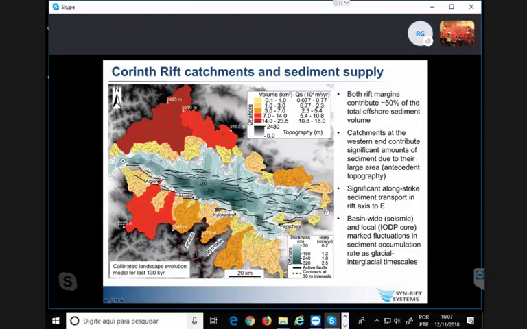So the implication is that there's quite a lot of along-strike transport over many tens of kilometres from the source area to where the ultimate sink of the sediment is. That's one of the targets of the IODP: to evaluate the sedimentation rates around the Gulf by tying that to the cores.